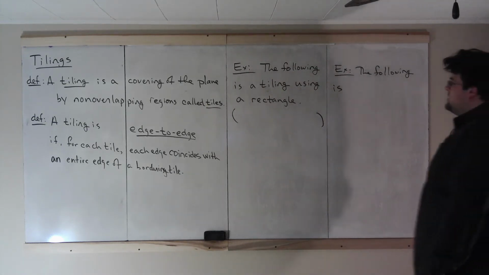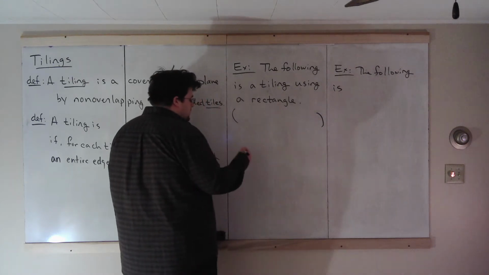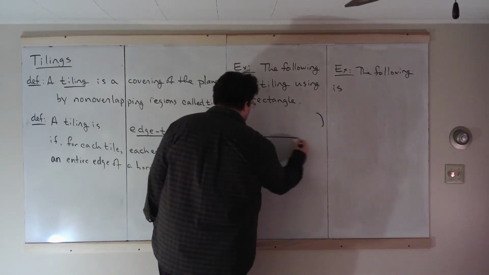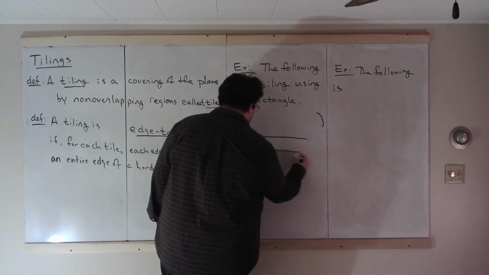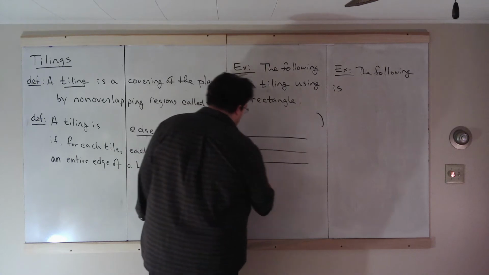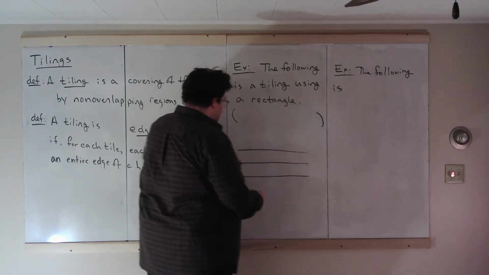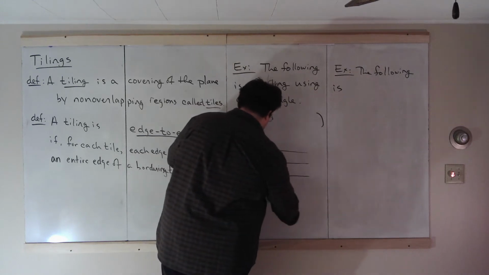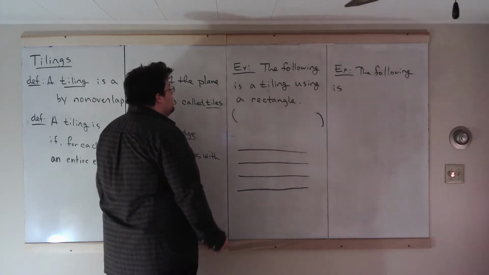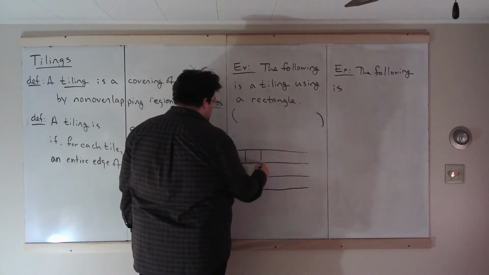For rectangles, I like to first break our two-dimensional space into strips like this, and then they can continue on in either direction. And then we can fill in each strip with rectangles.